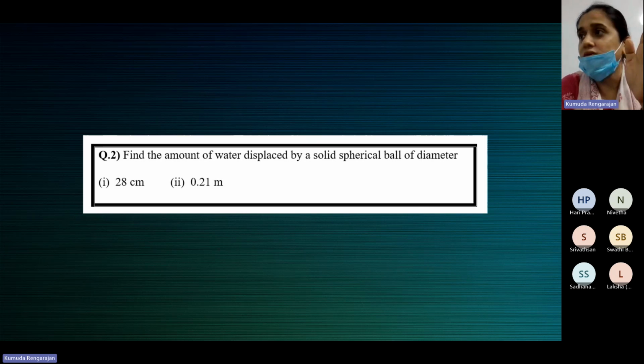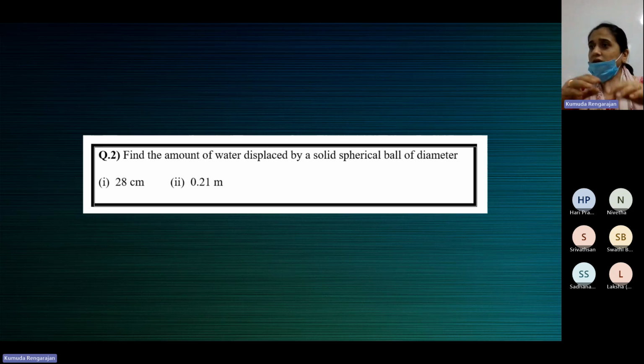Gently, because if you throw it, the water will splash. So what will happen? The water will overflow. Why? Because the sphere occupies some space inside the beaker, so proportionate to that, some water will overflow.